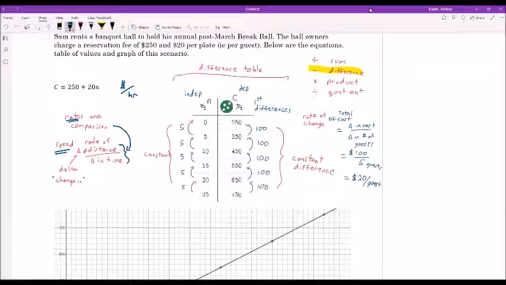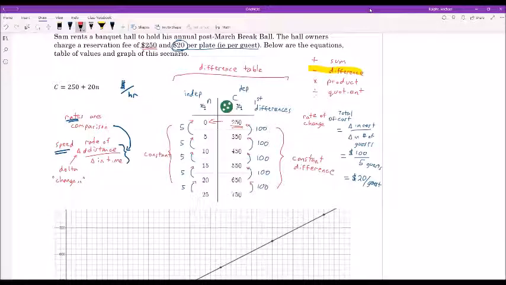Now, where did we see the $20 per guest before? Aha! Up here in $20 per plate. So this is telling us the rate of change of the total cost. The 250 is a fixed fee because that's what happens when there are 0 guests.